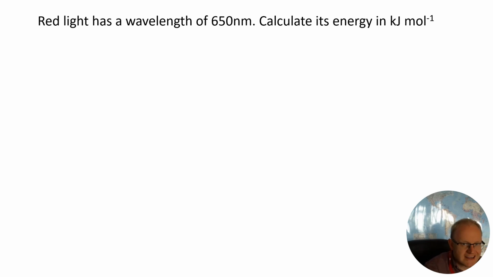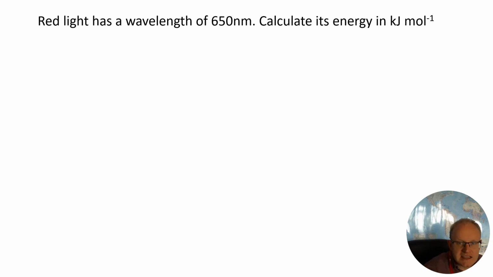So you've got red light has a wavelength of 650 nm. Now N means nano. If you look on your data sheet, can you see at the bottom you've got this little table with multiple prefix and symbol? Well, the N stands for nano, and it means 10 to the minus 9 on your calculator.